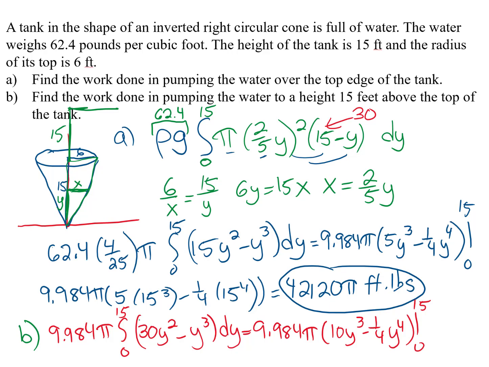I'm out of room, so I won't write that part, but we have this stuff out in front, and then times the quantity of 10 times 15 cubed minus 1/4 times 15 to the fourth. And when we put that in, we get 210,600 pi, and that is foot-pounds.